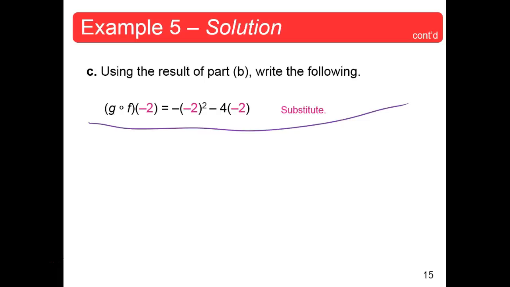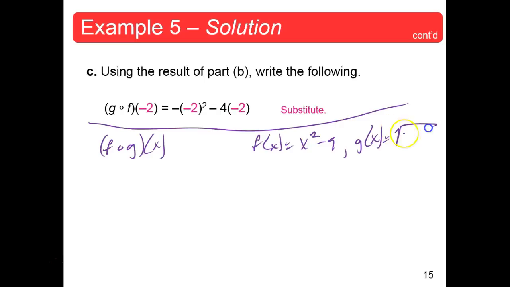All right. Find the domain of f of g of x for this function. Okay, here's f composed with g of x for the functions f of x is equal to x squared minus 9, and g of x is equal to the square root of 9 minus x squared.